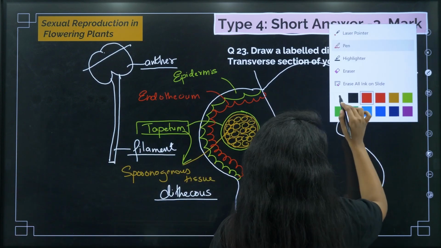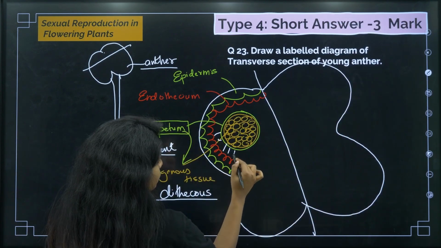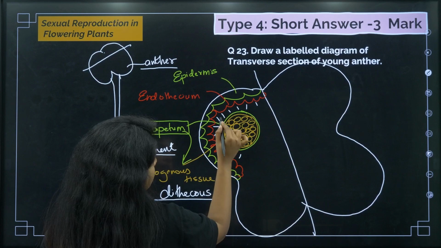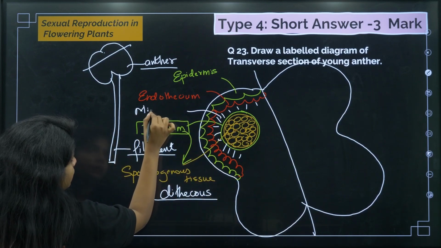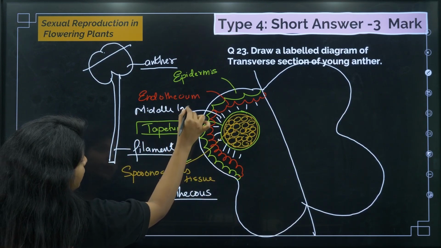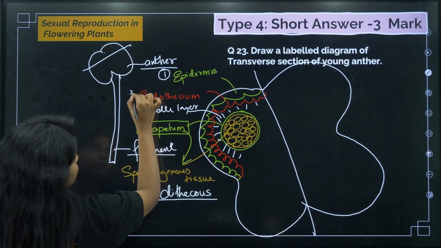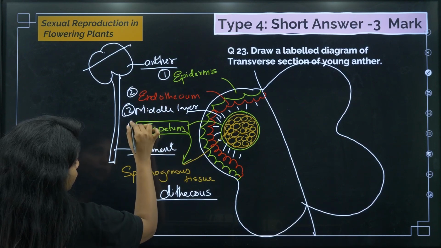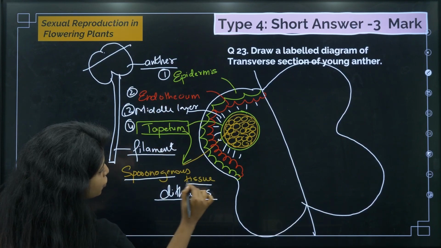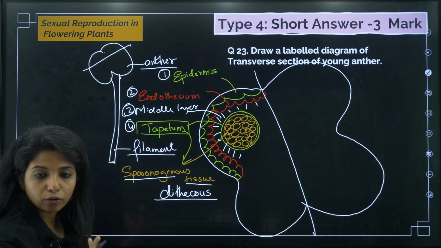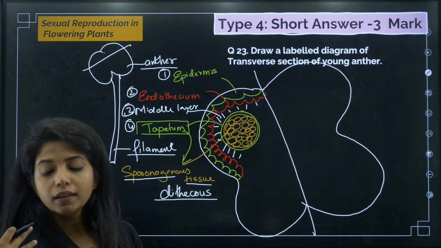And then you find this particular layer that you see, this is the middle layer. So how many of them do you have? 1, 2, 3, 4, and then inside you have the sporogenous tissue, which will have the microspore mother cells, which will form the microspores.